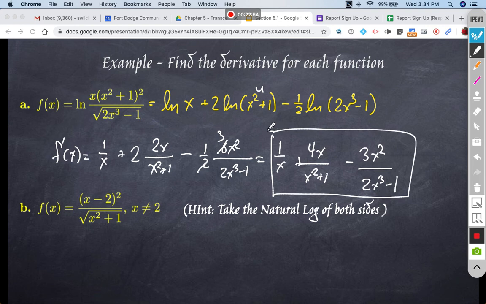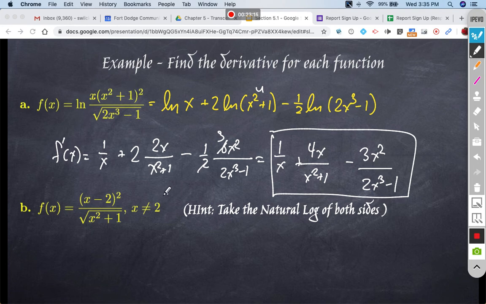This one was a whole lot easier than having to deal with finding the derivative of this using the quotient and the product and the chain rule. So we can use our logarithms to kind of help us out when we do that.